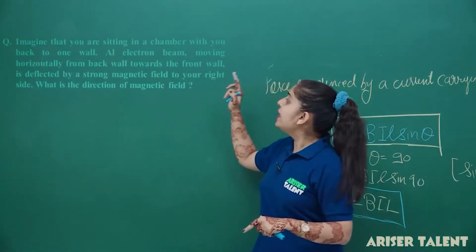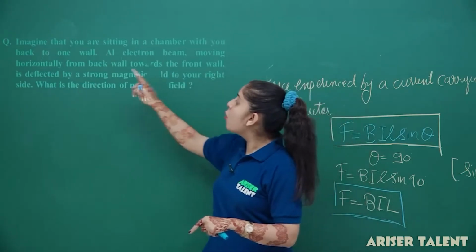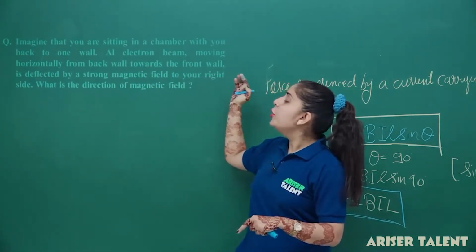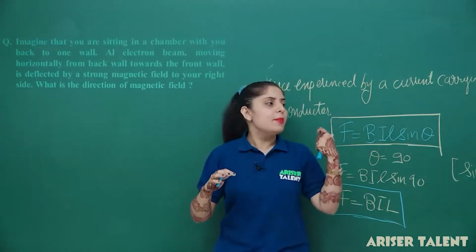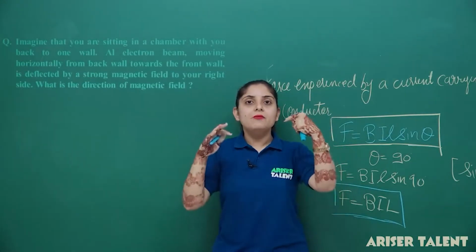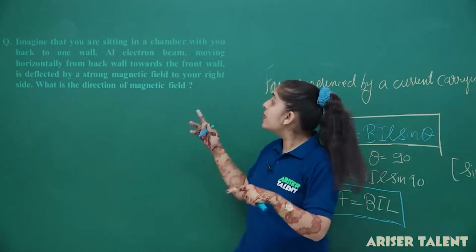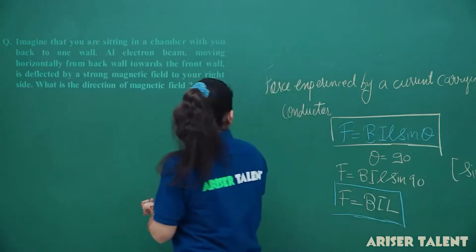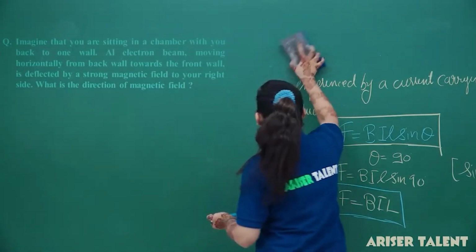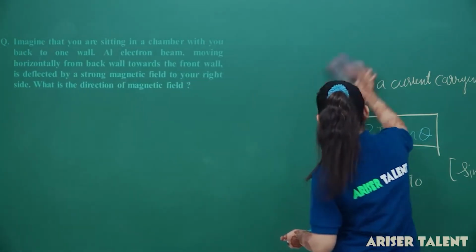Now, an electron beam is moving horizontally from the back wall towards the front wall. This is my back wall and I am sitting in the chamber with my back to the wall. And what will happen? The electron beam is coming from back towards the front wall. So, firstly what you have to do is just write the statements of what they are saying.